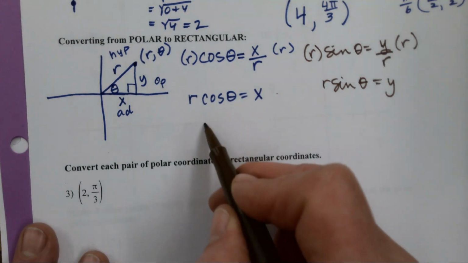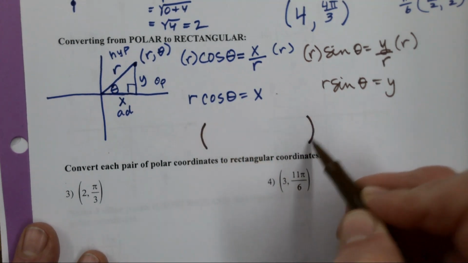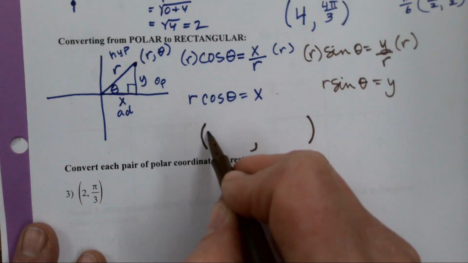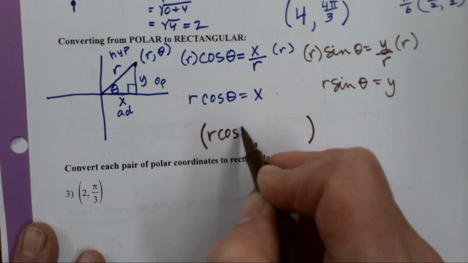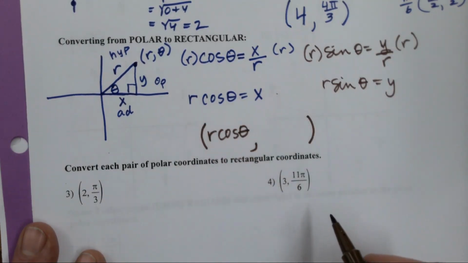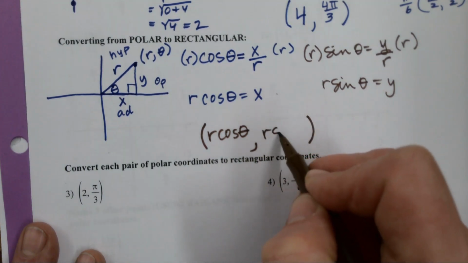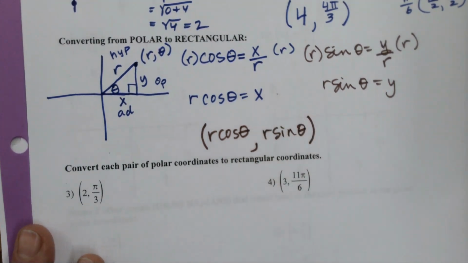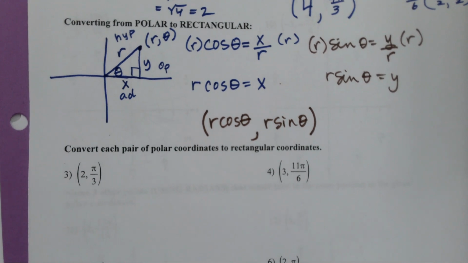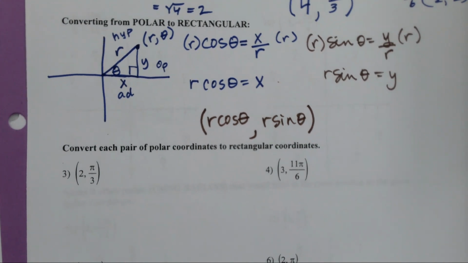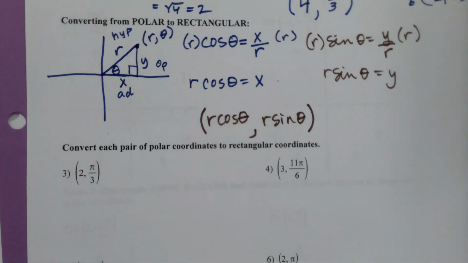So when I'm converting to a coordinate point, r cosine theta will be x. r sine theta will be y. And again, going back into chapter 2 and trying to figure out what these values are.